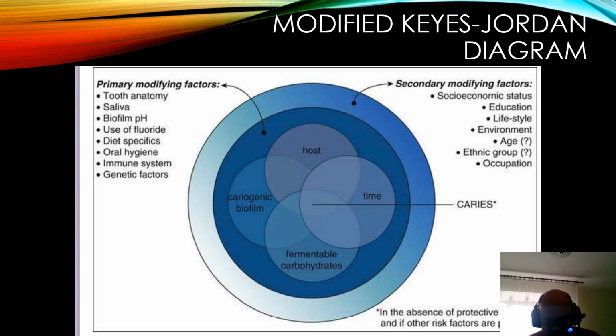There are tooth anatomy, saliva, biofilm pH, use of fluoride, diet specifics, oral hygiene, immune system, and genetic factors. And only in relation with all of those factors, caries can develop. And if secondary modifying factors will be present, risk of caries is higher.